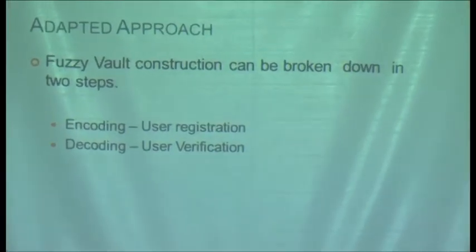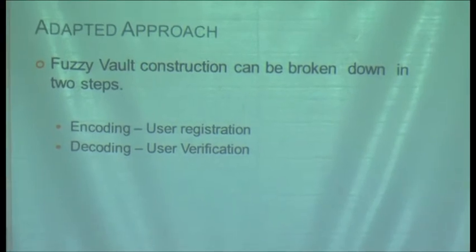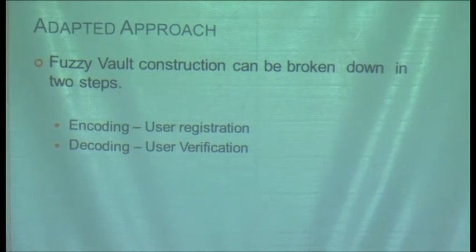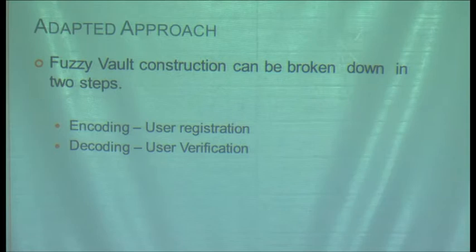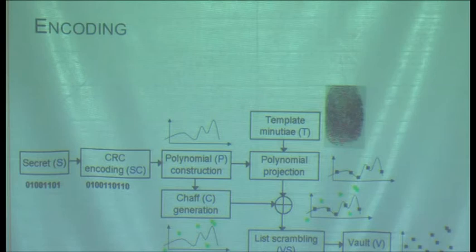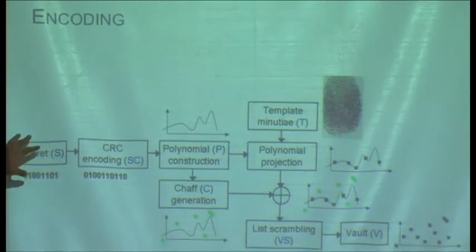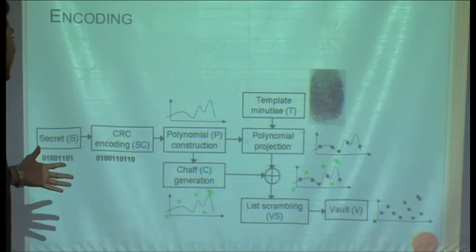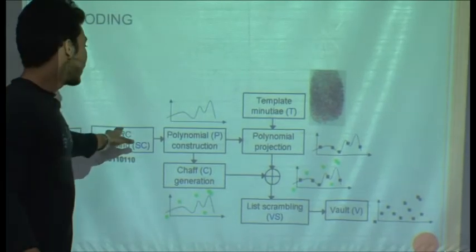The fuzzy vault system requires two steps. First is the encoding phase, and then there is the decoding phase. In the encoding phase, we register a user, take their fingerprint, and store a composite map of the features. There is a secret key S. To the secret key, we append a CRC error-checking polynomial.